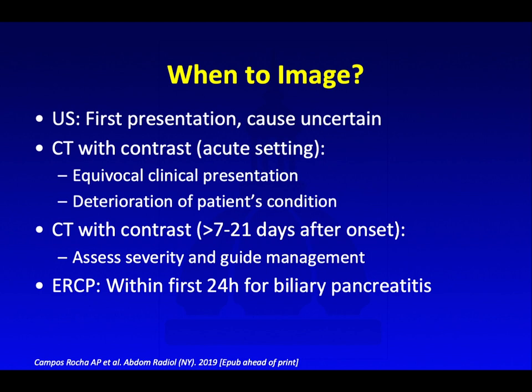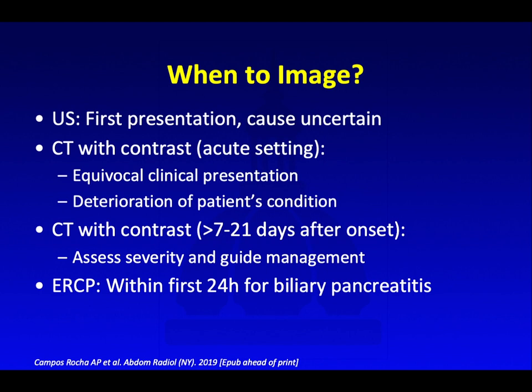In patients with equivocal clinical presentation, they may have some vague abdominal pain, the labs may not be all that elevated, so in that setting CT is recommended to differentiate pancreatitis from other causes of abdominal pain. And obviously, if there is deterioration of the patient's condition, CT is recommended to look for any superimposed complications.